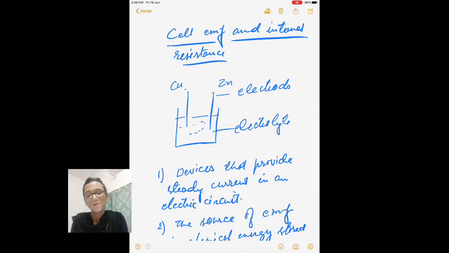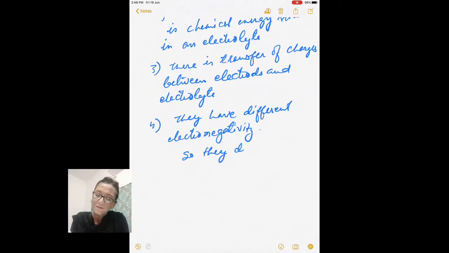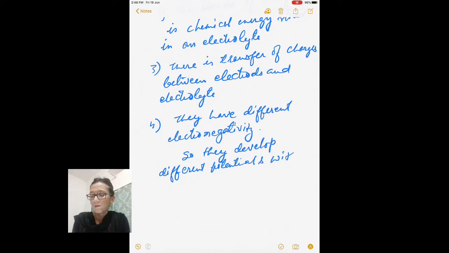Copper will react differently with the electrolyte, and they develop different potentials with respect to the electrolyte.